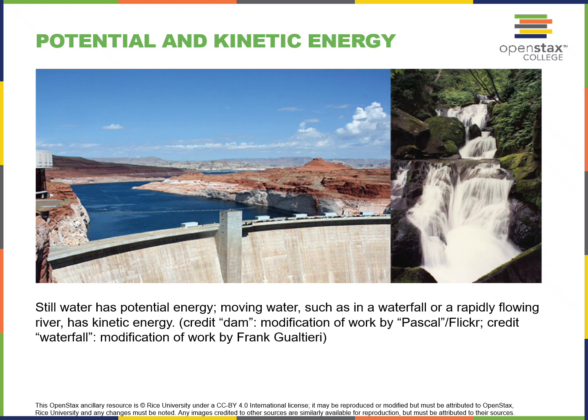Potential and kinetic energy are exactly what they sound like. Potential energy is the possibility of energy production. So like still water doesn't move very much, but it has a lot of potential energy because it could be moving very quickly, right? When you're holding up a book up high, it has potential energy before it drops to the ground.